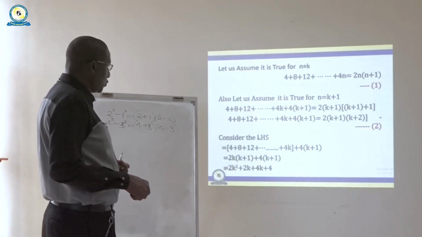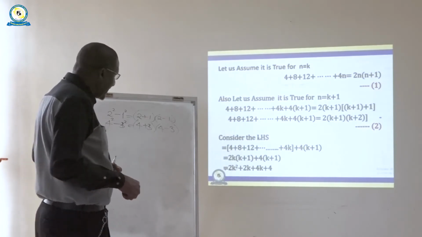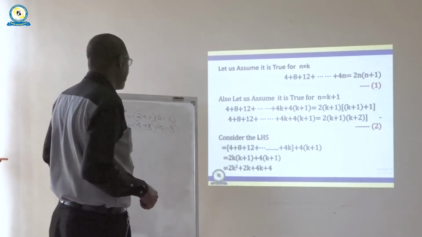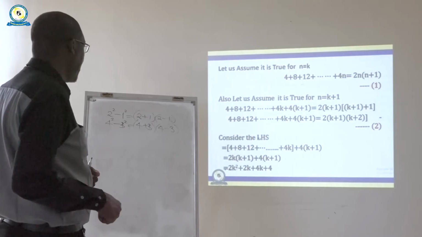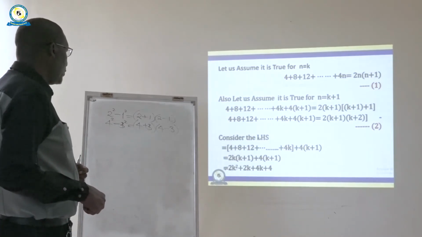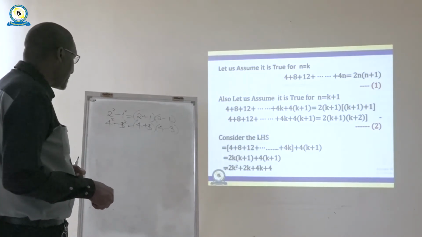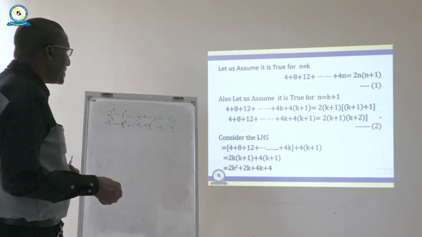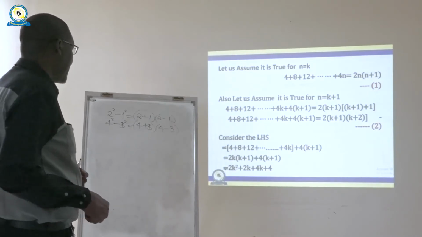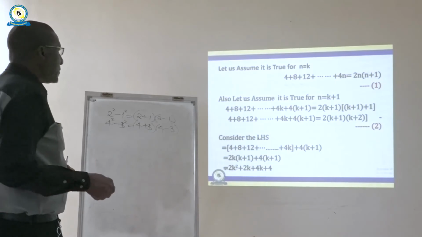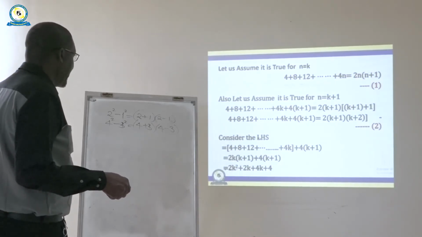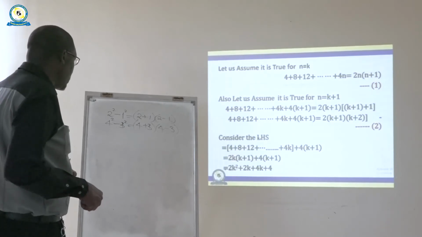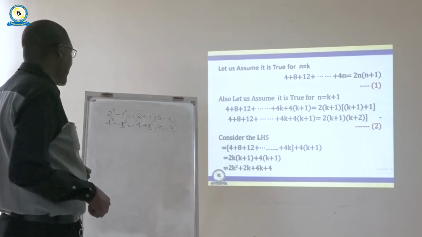So what we are supposed to do to prove that this side equals this side is consider the left-hand side as indicated here. We start up to this point, which is similar to this one, which is equal to 2k(k + 1) by replacing with k. Then the whole thing is 2k(k + 1) + 4(k + 1).